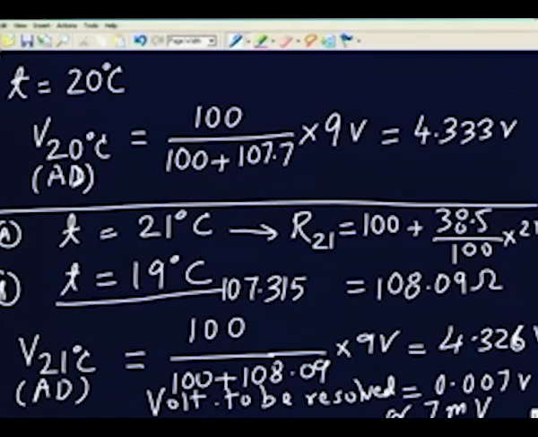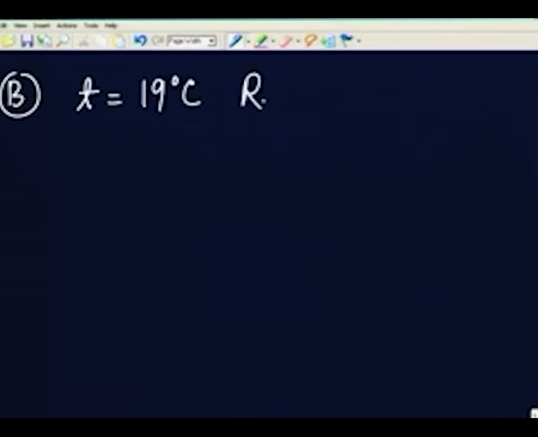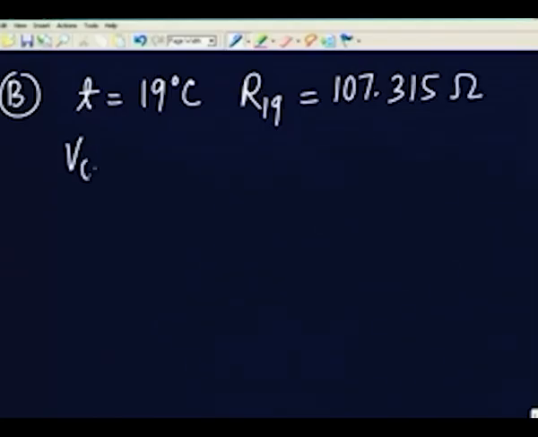So in case B, the temperature is 19 degrees and the resistance at 19 works out to be 107.315 ohm, and the value of voltage across CD works out to 4.341 millivolts.